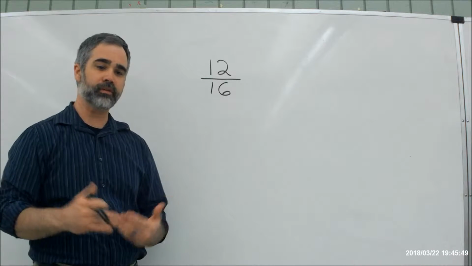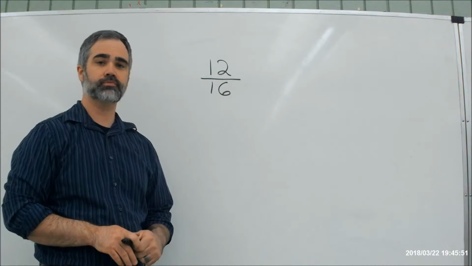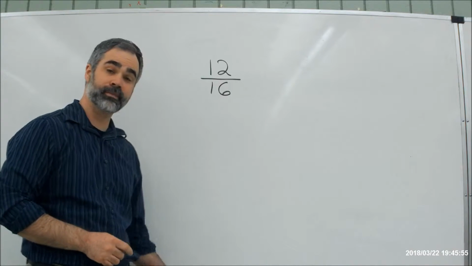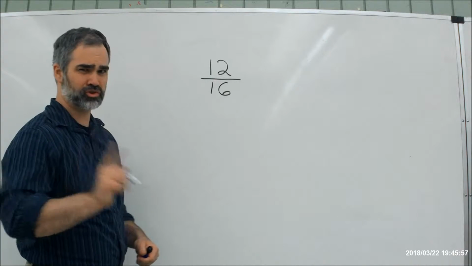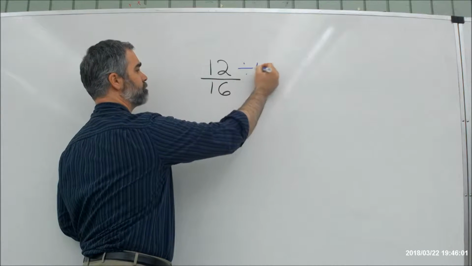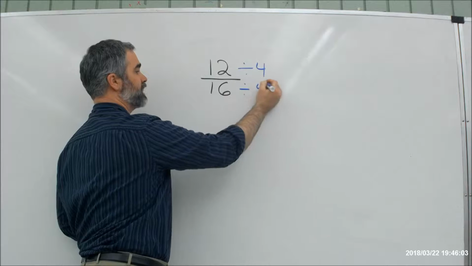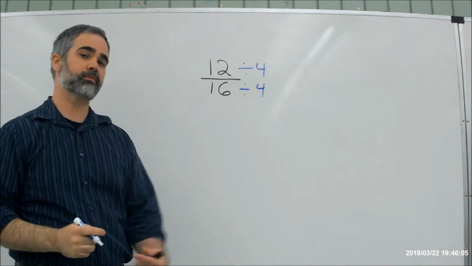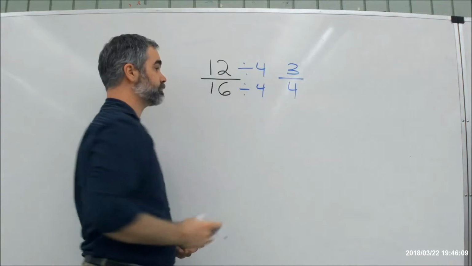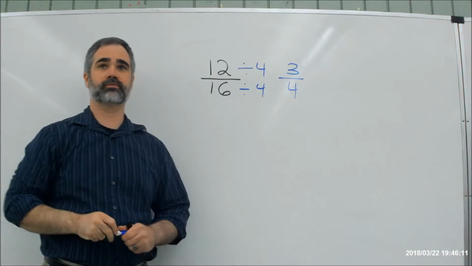If you wanted to simplify this, your elementary school teachers probably told you to divide the same number on the top and the bottom. And they're right, sort of. If you divide these by 4 on the top and the bottom, it's the biggest number that you can divide on the top and the bottom, you end up with 3/4. That is the simplified version of this fraction.